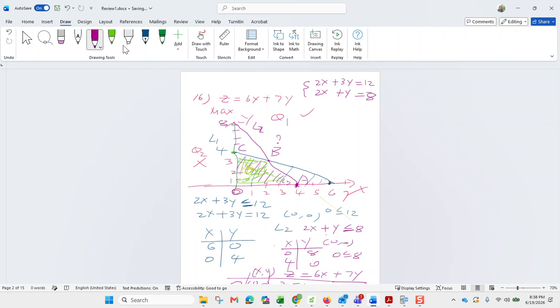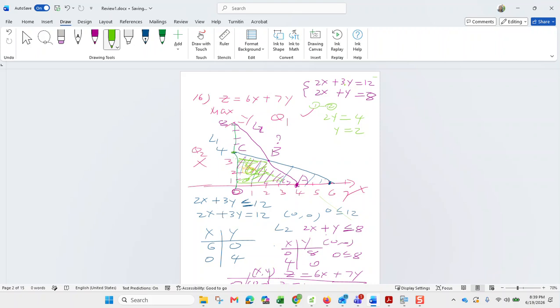But I'm gonna just do the subtraction here because I have a 2x. I can just use the first equation minus the second equation. So 2x minus 2x will be 0. 3y minus y will be 2y. 12 minus 8 will be 4, so I get y equal to 2 right away.